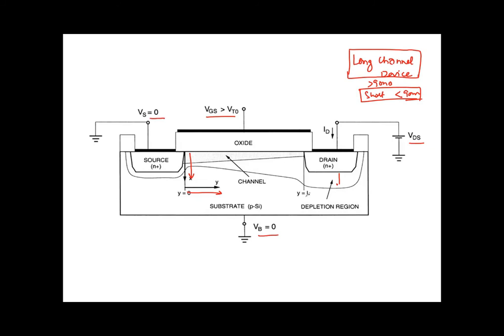The channel length is L. Although when we have pinch off, then this channel length is L minus delta L. But that we will take care of when we will be discussing channel length modulation. So I hope things are fine.